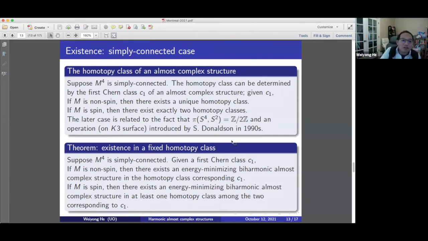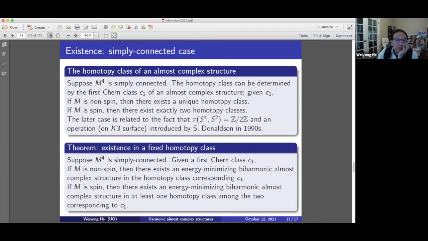So given the first Chern class, one can construct two, I should not say two homotopy classes. I do not know precisely what is happening here because there are contradicting statements in the literature, even though it will not affect our results at all, but I will mention this. So one is, if M is non-spin, then the first Chern class will uniquely determine the homotopy class.